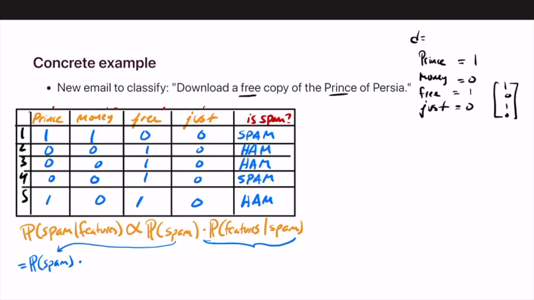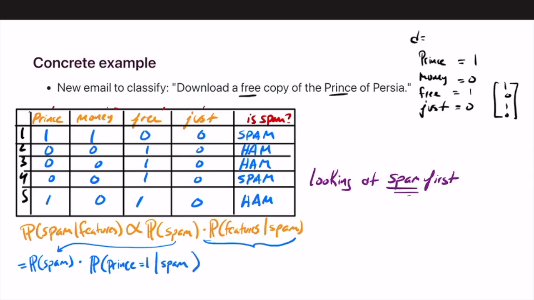So again, we're looking at spam first. Okay, so we're going to do this for each of our features. So prince being true given spam, because that's the important part. And the reason why prince equals 1 is because when we're looking into our training data, we want to think about the probability that we have a spam email where the word prince is true.